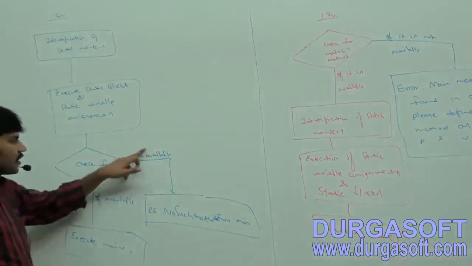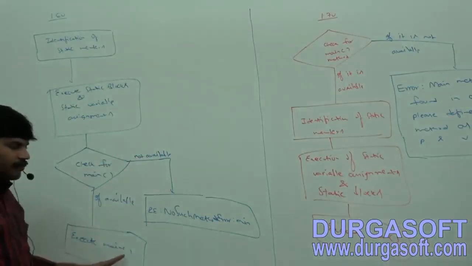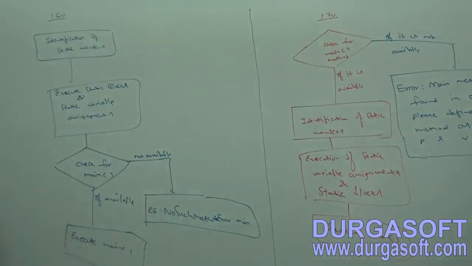Is it available or not available? If it is available, execute main. Not available, raise runtime exception: no such method error: main.